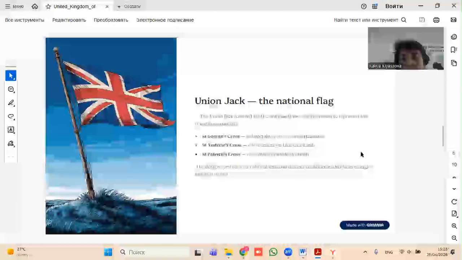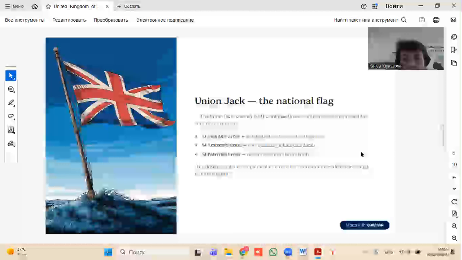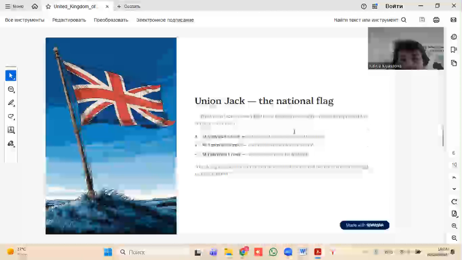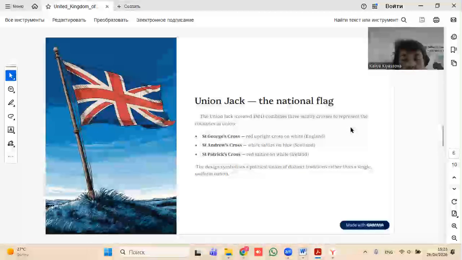Union Jack, the national flag. The Union Jack, created in 1801, combines three saintly crosses to represent the countries in union. The first is St. George's Cross, a red upright cross on white, from England.